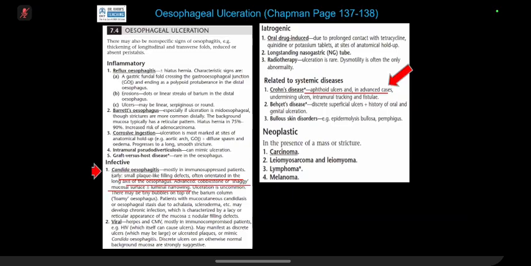Please remember the concept. It's a deep ulcer. If you go back to the differentiation between UC and Crohn's disease in the large bowel, which one is a deep ulcer? Crohn's. Aphthoid ulcer is considered pathognomonic in that sense for Crohn's.